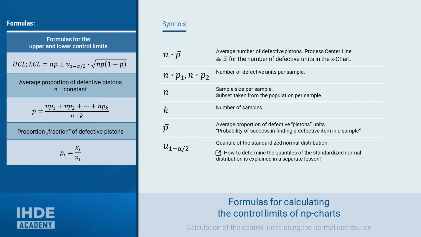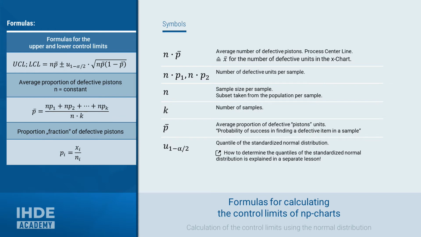To calculate the control limits, we need the formulas shown on the left for the upper and lower control limits. Let's start with the formula below. It is used to calculate the proportion of defective units, P, in a sample. Xi is the number of defective parts in a sample and N is the sample size.